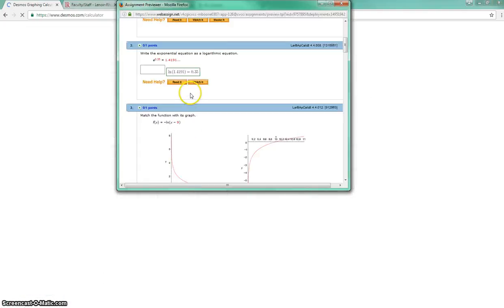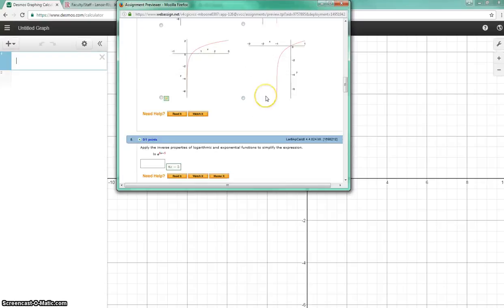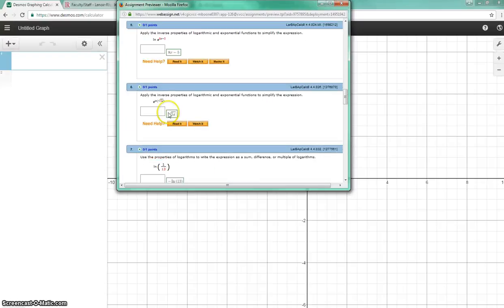So what you're going to do is, if you have something like this and we're rewriting it, so it's log base e, so there's our base, so that's a natural log, of this equals that. So these should be things that you've done in maybe a pre-calc class. Another one to look at, something like number 6, the inverse properties of logarithmic and exponential functions to simplify expressions.